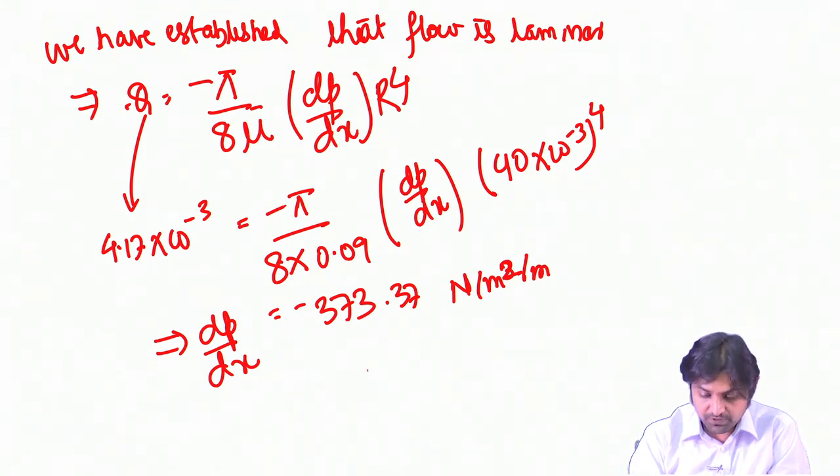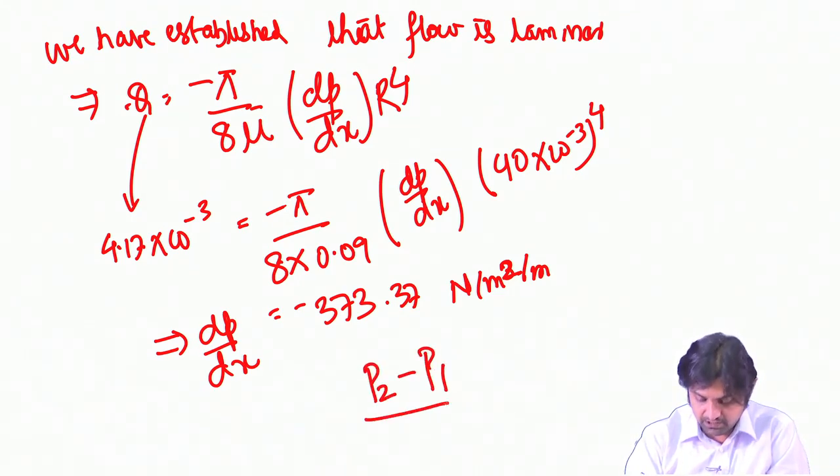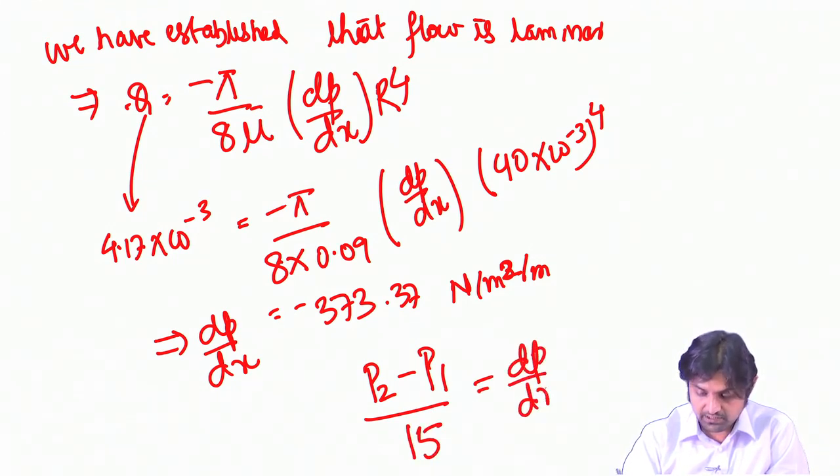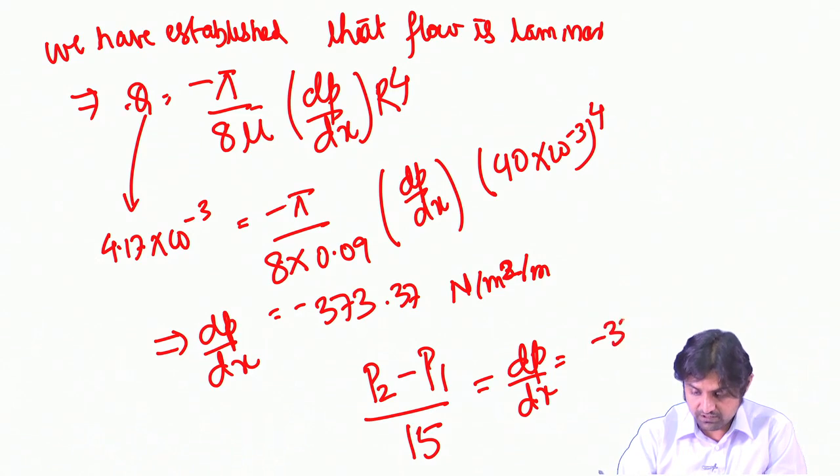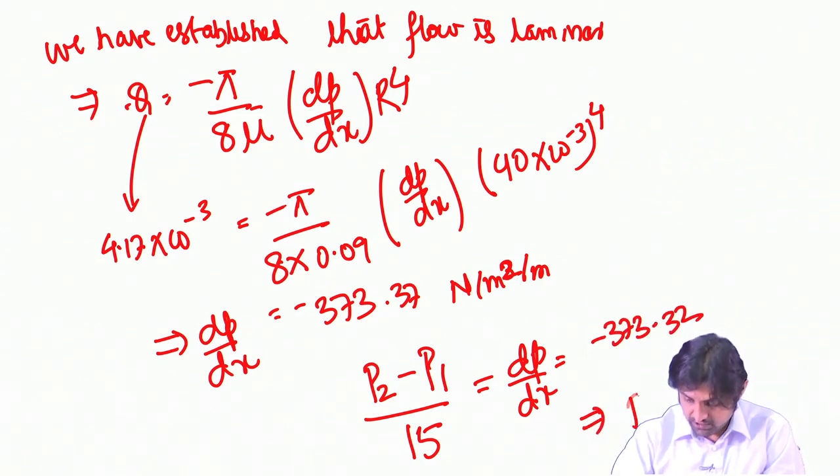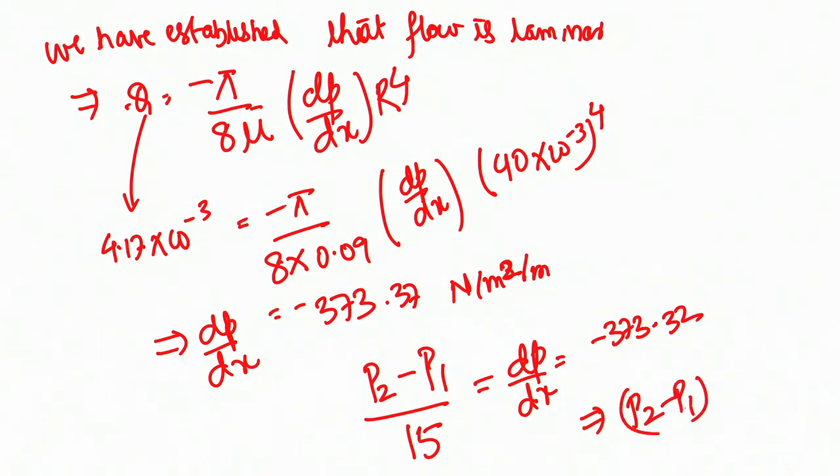If we assume P2 pressure at one end and P1 at the other, and length is 15, this should be equal to dp dx equal to minus 373.32, which implies P2 minus P1, the pressure difference between both ends, is minus 5599 Newton per meter square.